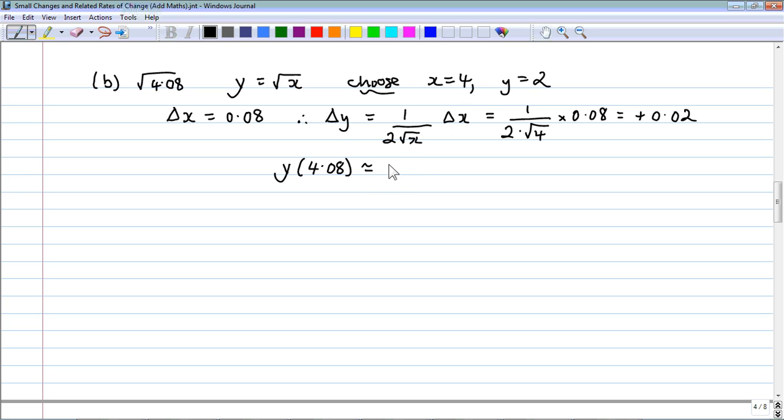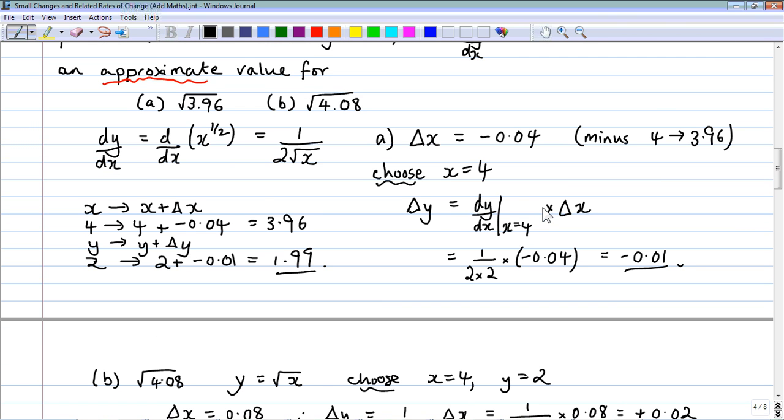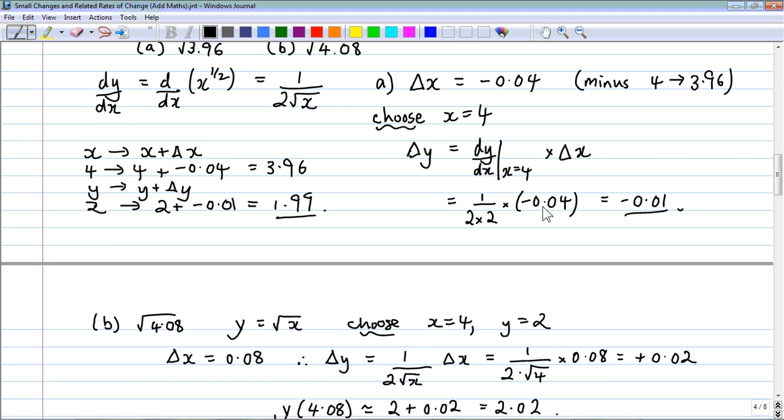Approximately equal to 2 plus delta y, which is 2.02. So just to be clear, in the first example, the y of x equals 3.96 is approximately equal to 1.99.